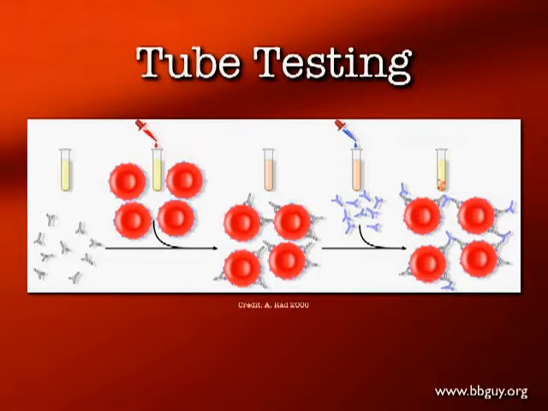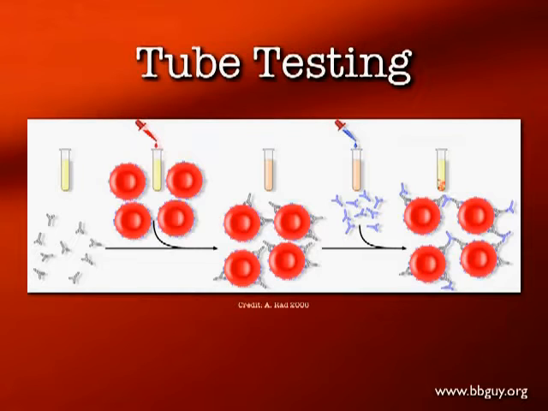You can do it either way. You can start with known red cells and look for antibodies, or you can start with known serum and look for specific unknown red cells. In this case, when we're talking about compatibility testing, when we're talking about doing the indirect antiglobulin test down the line, we're using patient serum with reagent red cells.